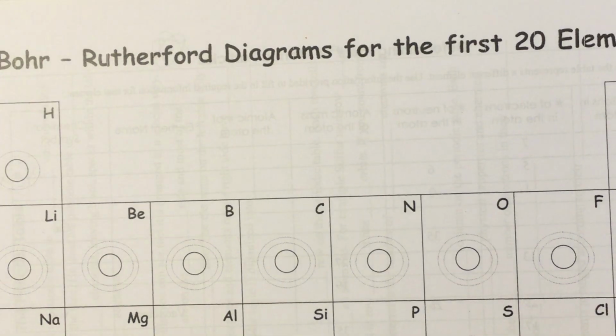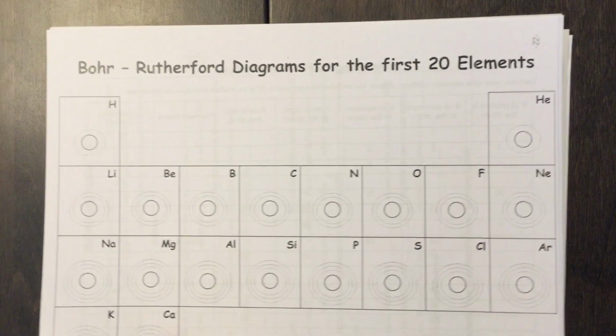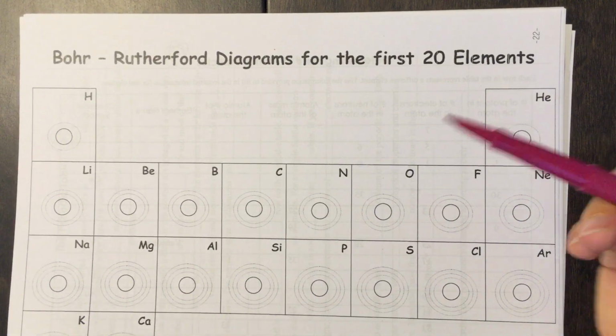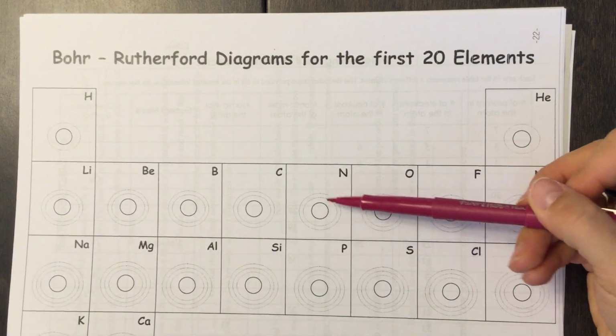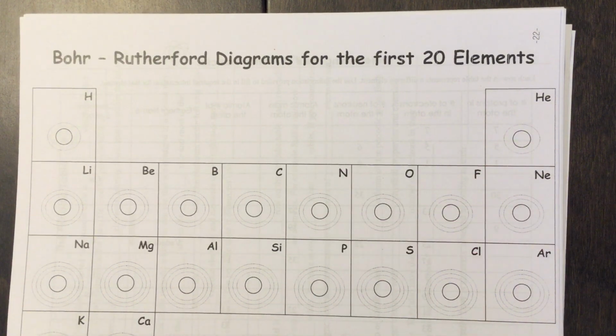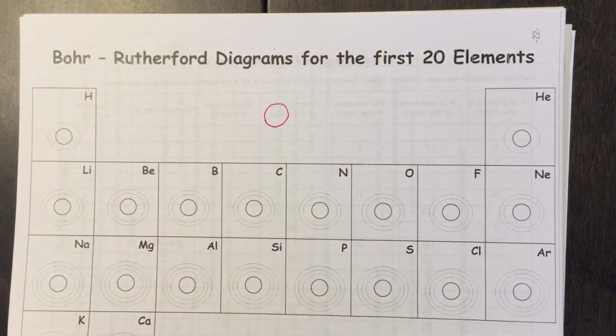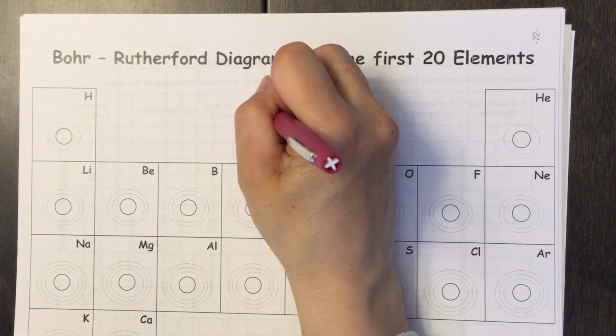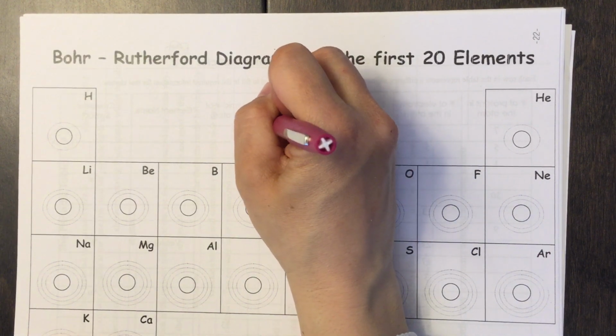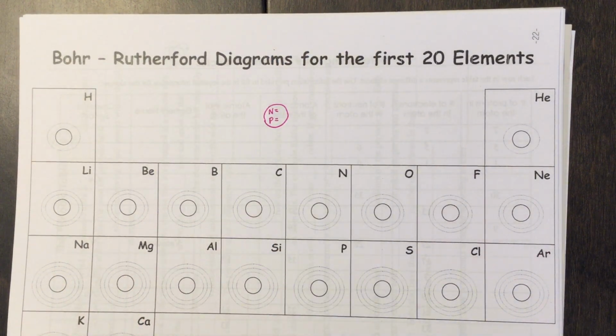Now it's time to draw some Bohr diagrams ourselves. Here I have very lightly sketched in empty Bohr diagrams to make it easier for you to draw them in, because it can get kind of hard. Here is our nucleus, and we want to put how many neutrons and how many protons are in the middle.